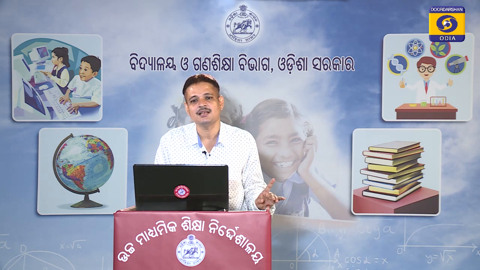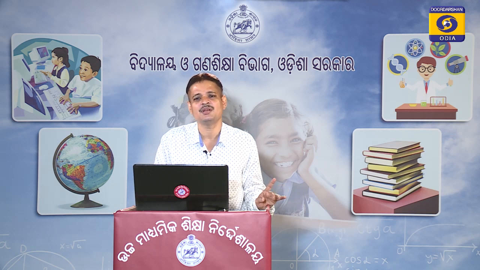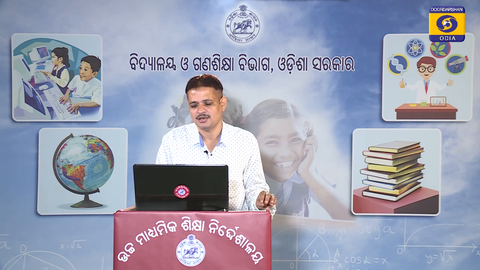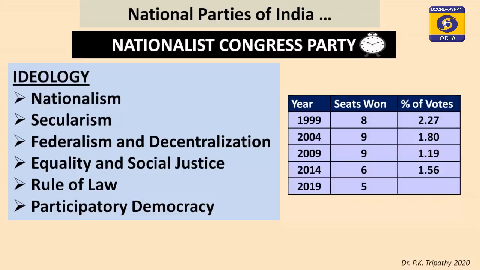So far as electoral performance is concerned, the party is purely influential in Maharashtra. It is a coalition partner in Maharashtra along with Shiv Sena and the Congress party, and in 2004 and 2009 it could get the highest number of seats, that is 9 seats.